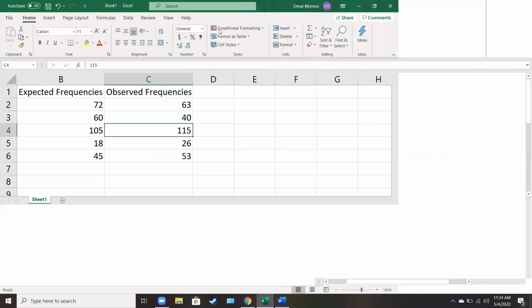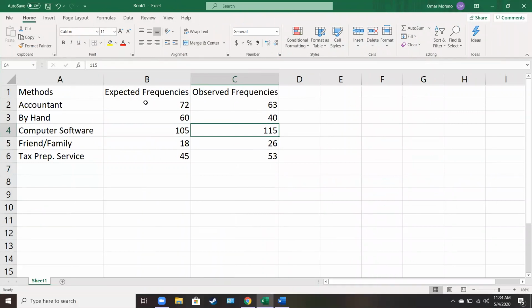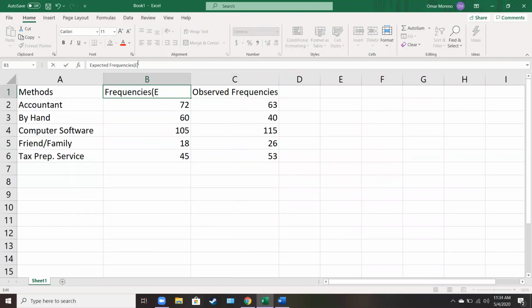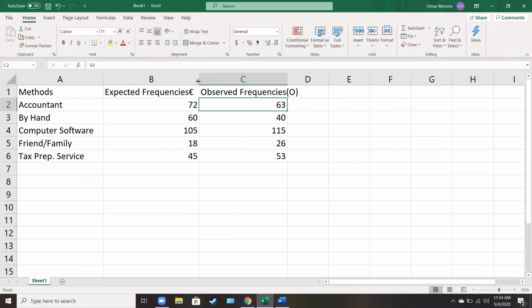From here, it is just a matter of finding the test statistic, right? So these are my expected frequencies, also known as the E. These are my observed frequencies. These are the O in terms of that equation, right? Let's make this a bit, why did I get a weird E there?